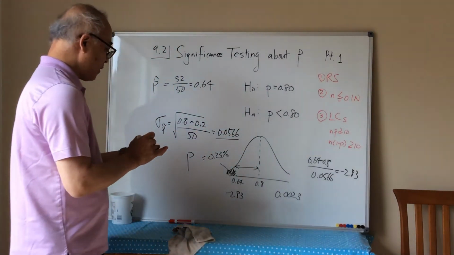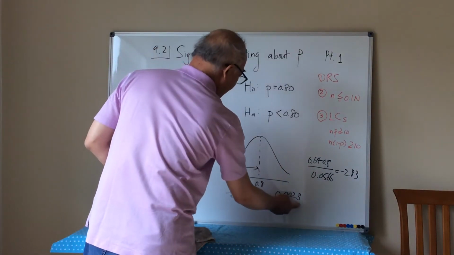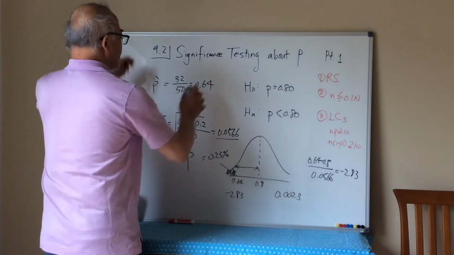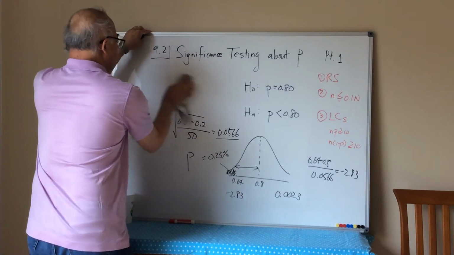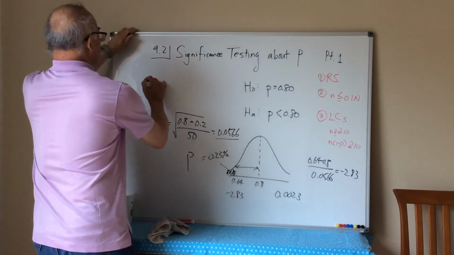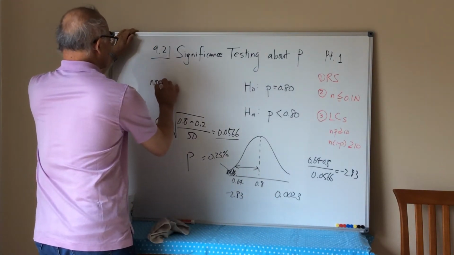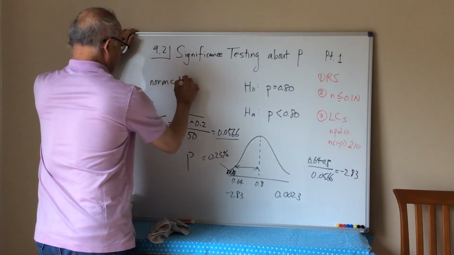Another way to find the 0.0023 is to use the normal CDF, the normal cumulative distribution.